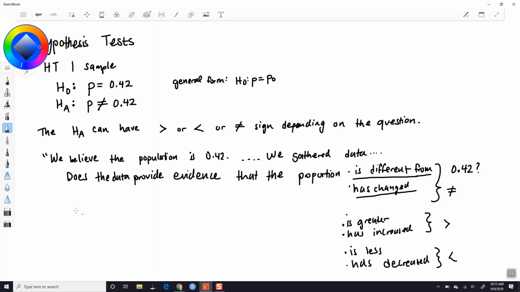When we use the not equal sign, it means we have what we call a two-tailed or two-sided test.